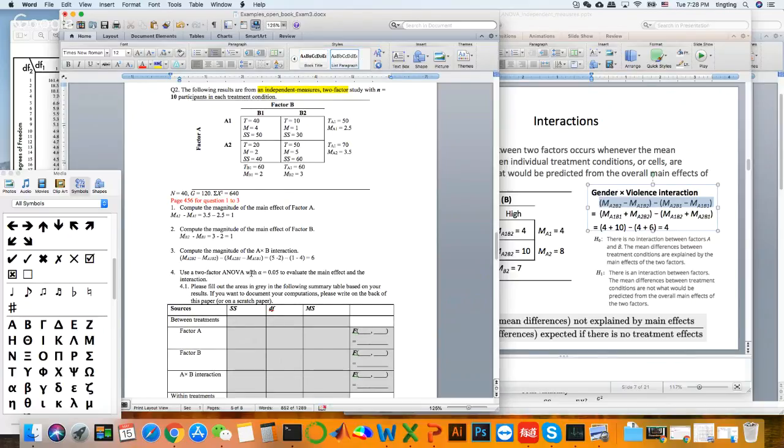This one, let's figure out the table again. So check your textbook, page 460 to page 464, for this part.